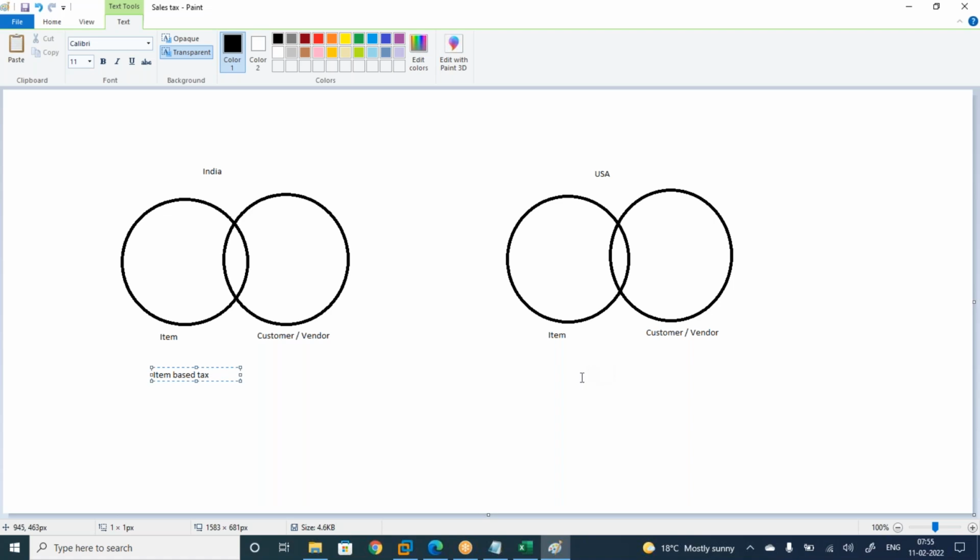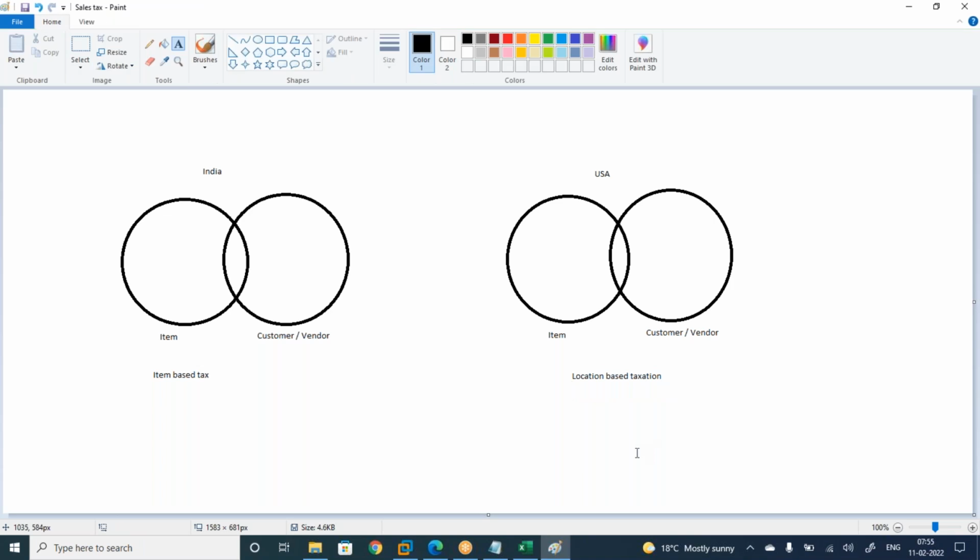In the USA, it is region based, location based. What is the actual word? Region. Okay, fine, but I will use the word location, because where the customer is located, based on that the tax will be calculated.